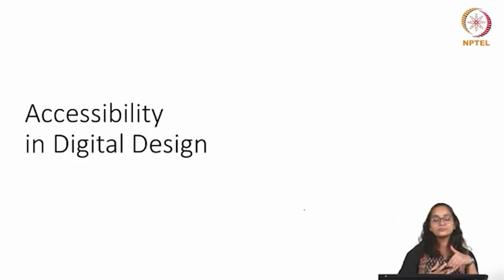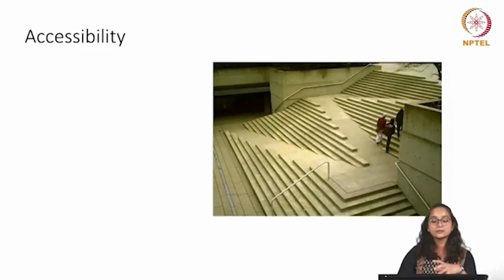So let us now move and talk about accessibility in digital design, which is the course itself, but we will talk about the POUR principles, which are digital accessibility principles. These principles were developed by W3C, which is the World Wide Web Consortium, and are primarily used for digital access related products.